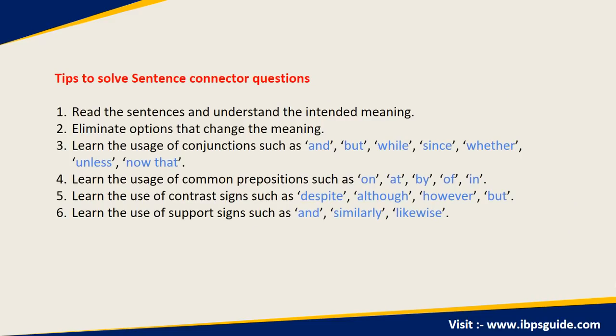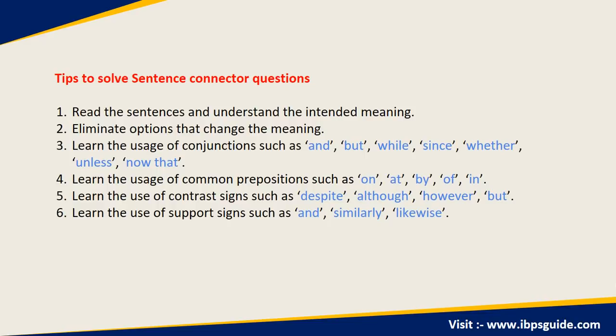Let's take a look at a few tips before we start with the examples. First, read the sentences and understand the meaning. Because when you know the meaning, it's easier to guess which word is the right answer. Eliminate options that change the meaning. So the purpose is to use a connector without changing the meaning of the sentence, which means you can eliminate options that change the meaning.